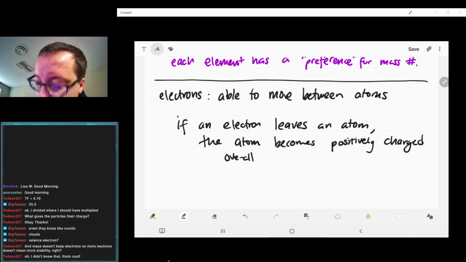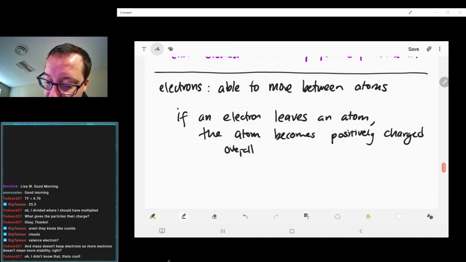overall. So protons and electrons have the same charge, but different sign, right? Proton is +1, electron is -1. So if you lose an electron, if it has left to go to a different atom, you're left with an extra positive. So normally we're going to see that elements will have the same number of protons and electrons. However, if we mess with that number of electrons, we're going to end up messing with the charge of our atom overall.